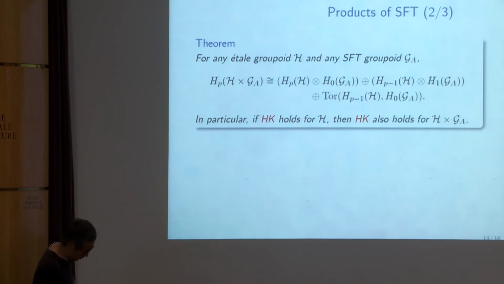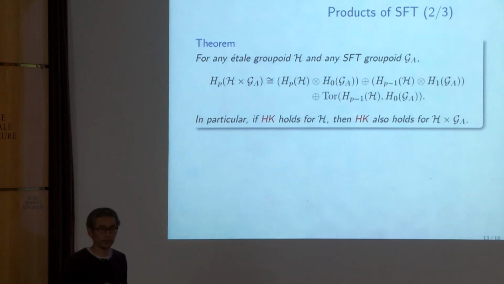And as for homology, it's possible to prove the following. Let's consider some étale groupoid H and an SFT groupoid G_A, consider its product and consider its homology groups. Then I can prove this isomorphism, which is something like a Künneth formula: H_P involves H_0 tensor H_{P-1} and H_1 plus a Tor group. It's a kind of Künneth formula.